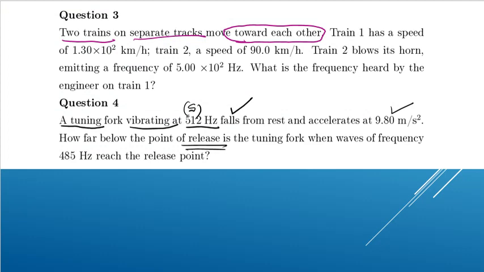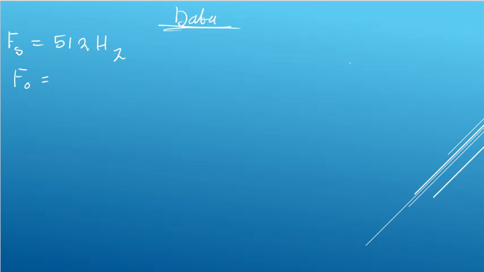So for A, the frequency of the source is 512 Hz. The frequency of the observer, we have been told that it is 485. Sorry.